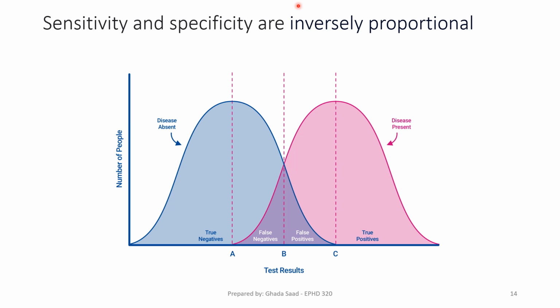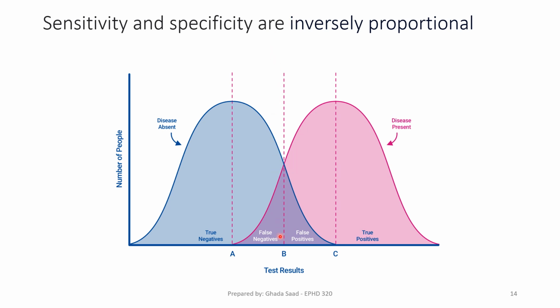Next, we want to identify the cutoff of the scale, similar to what we did earlier. The point on the ROC curve which is closest to the top left-hand corner is the dotted line B in this illustration that I'm showing you.